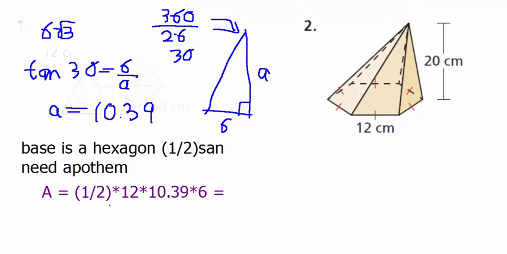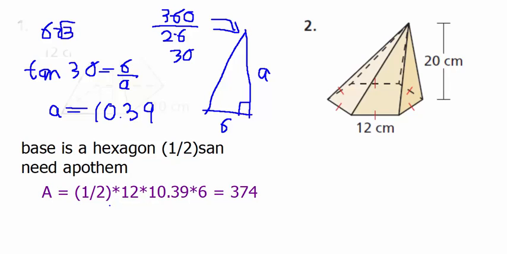So using 1/2 Sap, 1/2 times 12 times the apothem, 10.39, times 6. So the area, we had a small a for apothem, now that we have a large A for area, 374. It's a real common mistake to think, done, because I calculated something.